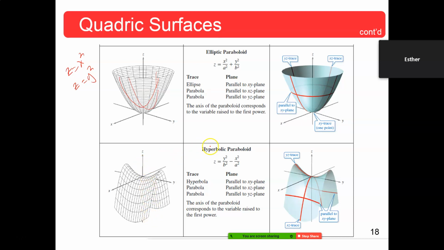But here you have a minus sign between these two. Now notice one of these is your y squared, one of them's your x squared. The x squared, because it's negative, has to be opening downward.